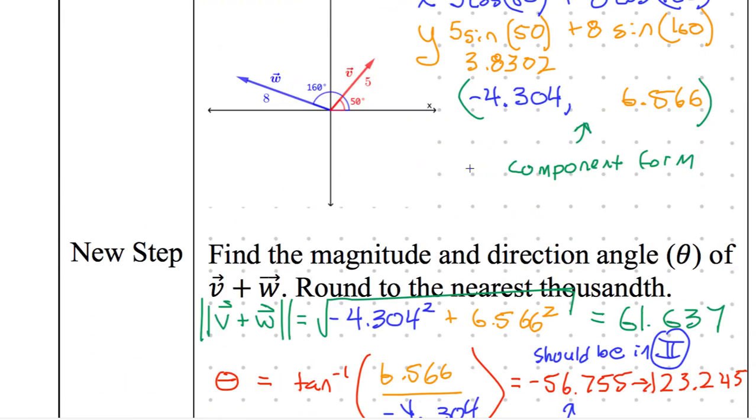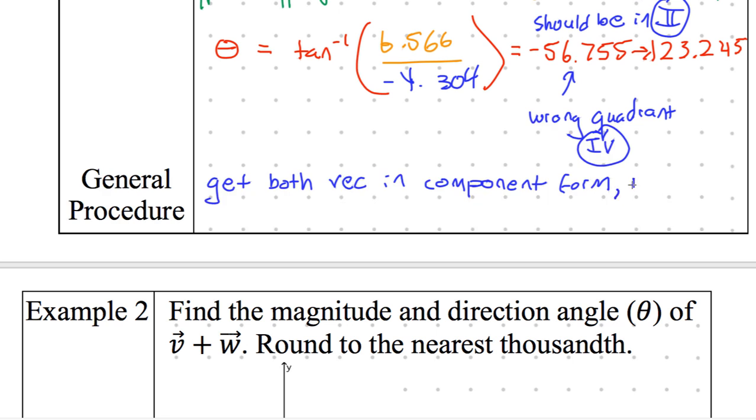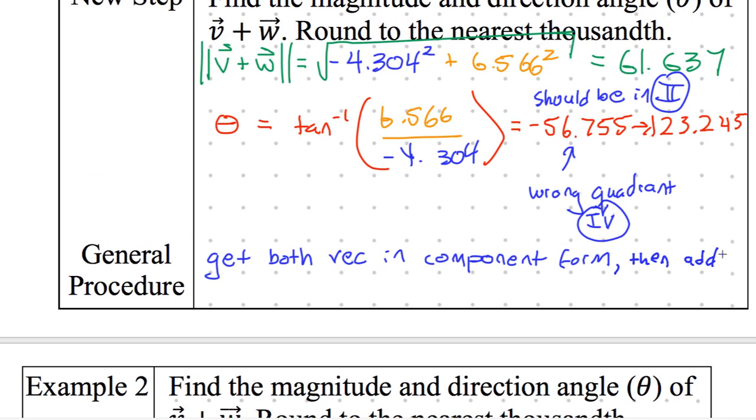We got their x and y, and then we added. And obviously, we do x's with x's, and we do y's with y's. You don't add x's and y's together.